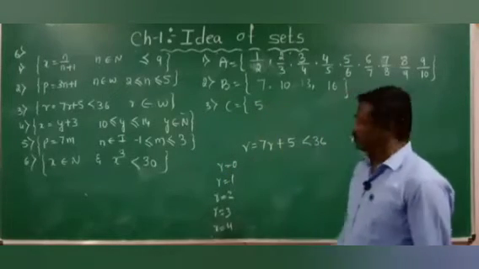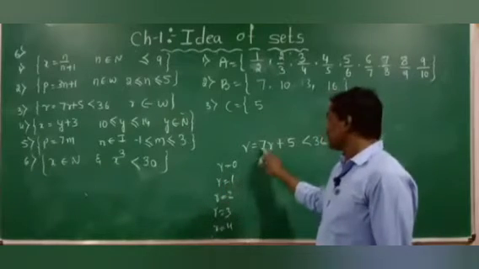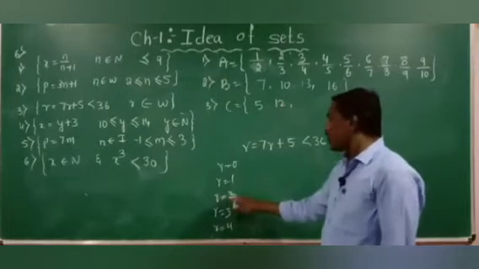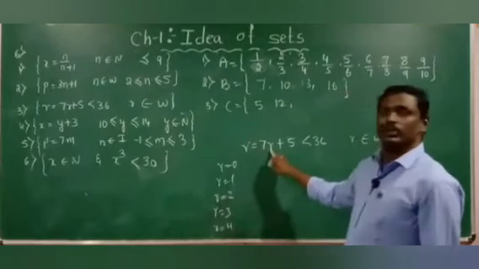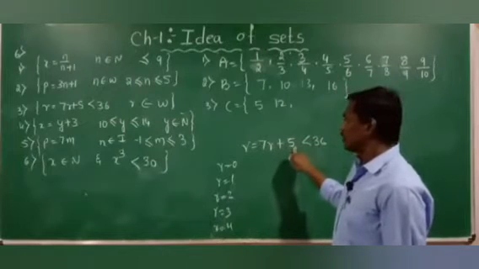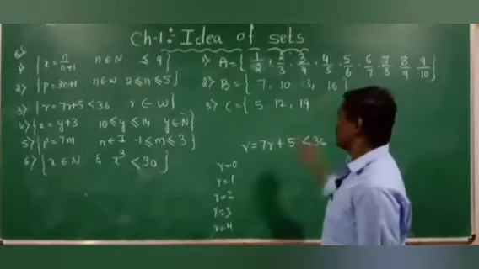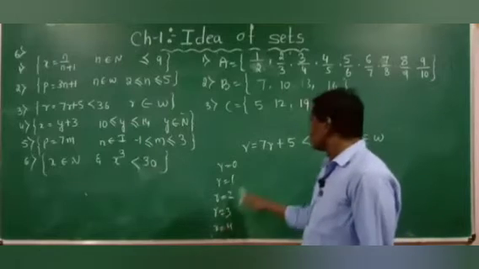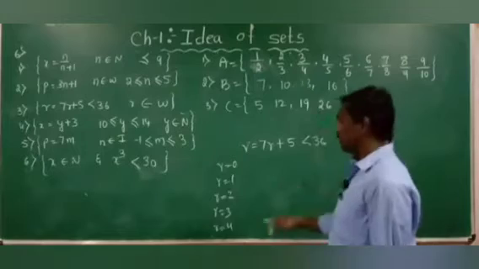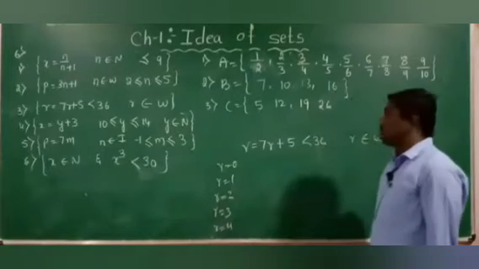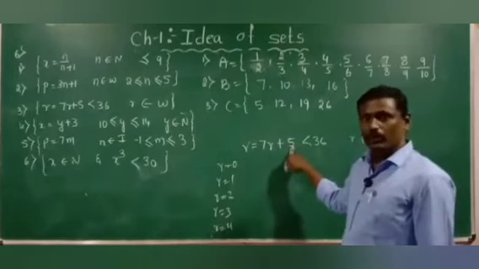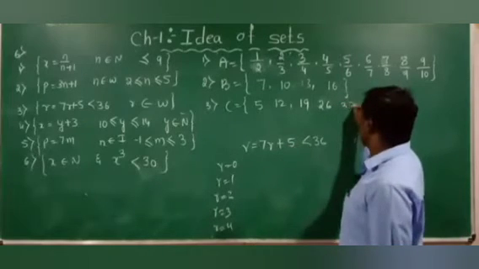Next, R is equal to 1 means 7 ones are 7, 7 plus 5 is 12. Next, if R is equal to 2, 7 2s are 14, 14 plus 5 is 19. Now R is equal to 3, 7 3s are 21, 21 plus 5 is 26. 7 4s are 28, 28 plus 5 is 33.